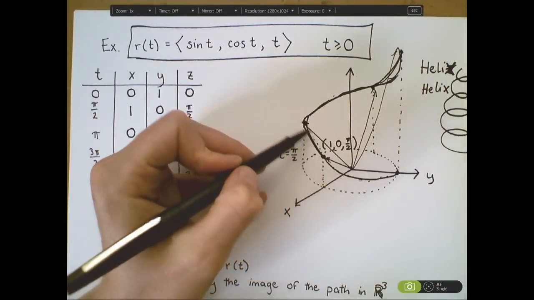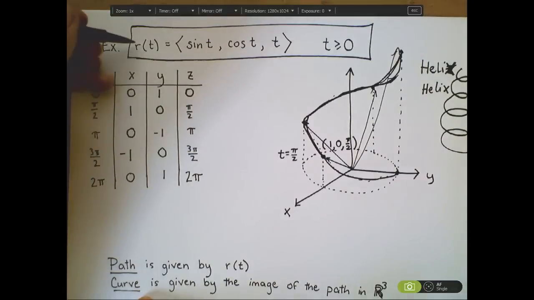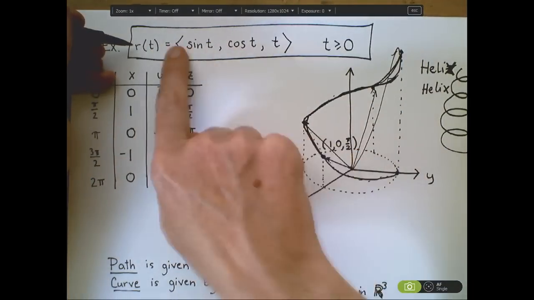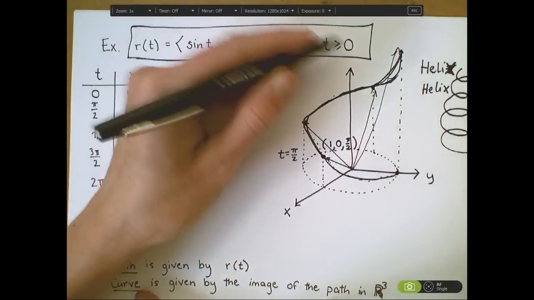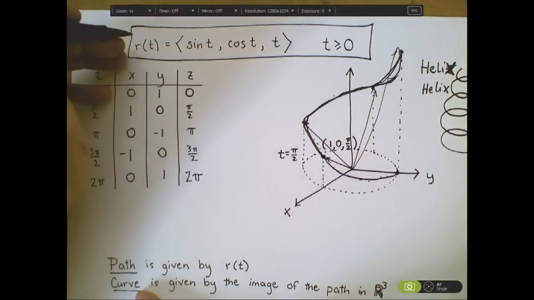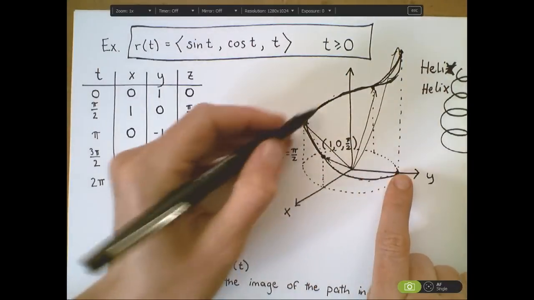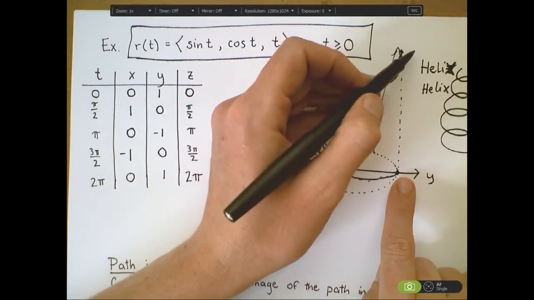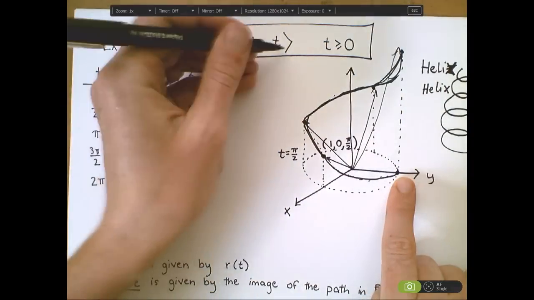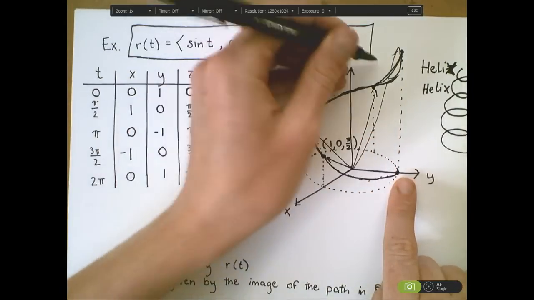The distinction is important because different equations for this path can give the exact same curve, meaning that I might be able to write this function differently, and it would still trace out the same place in space. If I moved twice as fast along this curve, I would have a different path function, but the curve would still be the same curve.